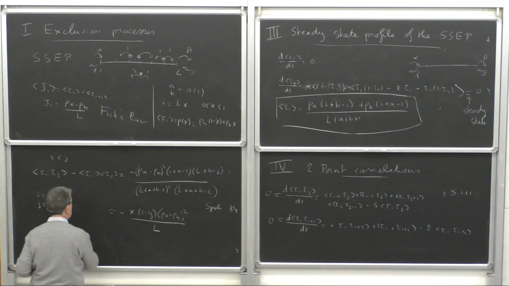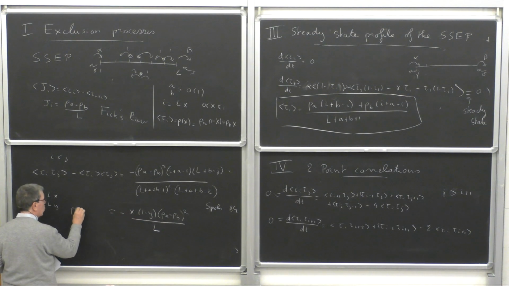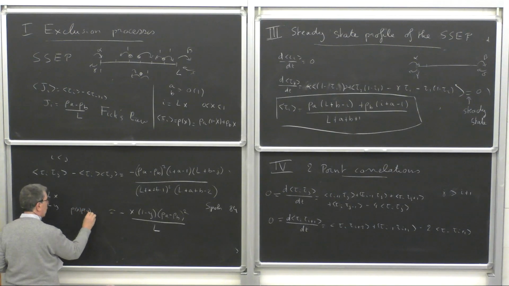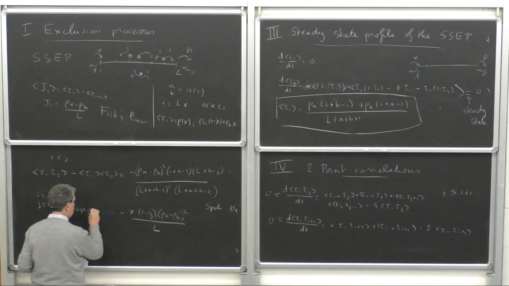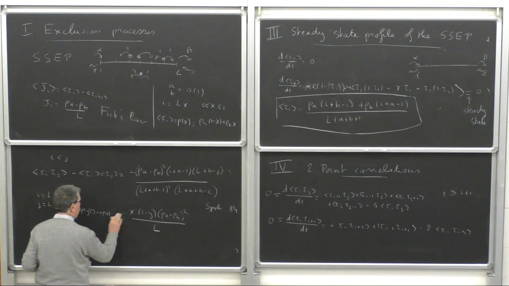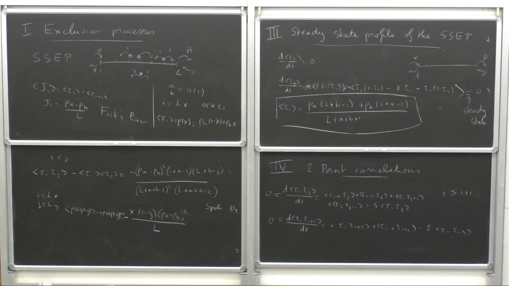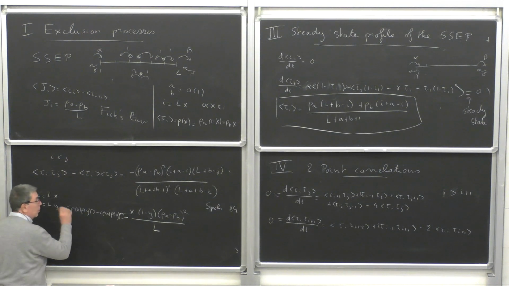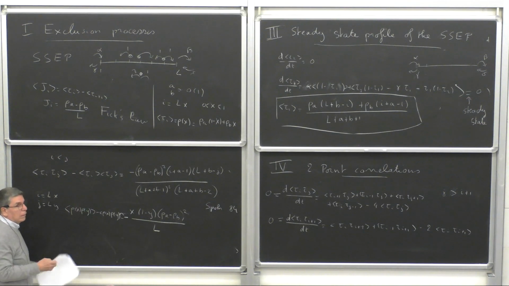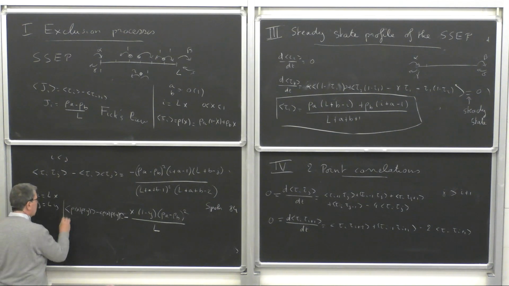Okay, so the correlations, let me write the correlation of the density, rho x, rho y, and there is a minus sign, and this is given by that. This is a straightforward calculation, and I have just told you how to do it.